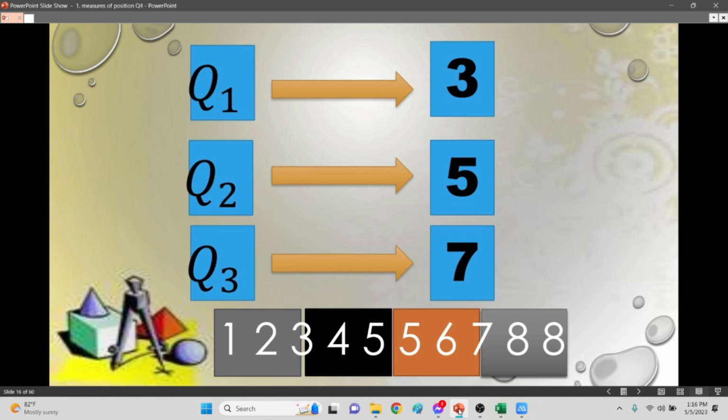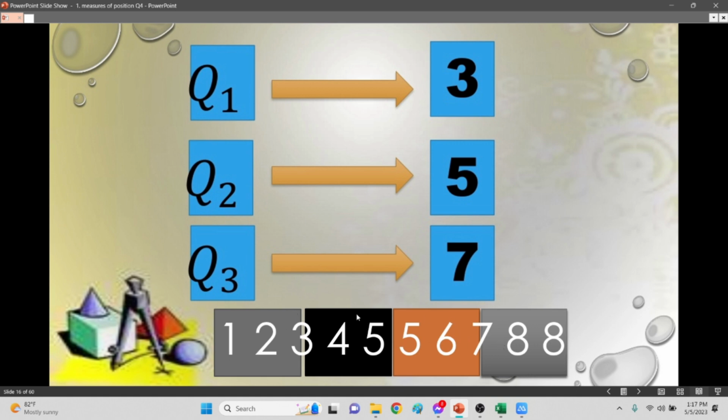These are the answers. As you can see, we have 1, 2, 3, 4, 5, 5, 6, 7, 8, and 8. And those are the numbers on our statistics quiz scores, and it is divided into 4 equal parts. Nahati yan sa 4 na bahagi.